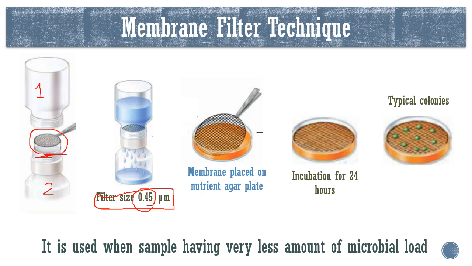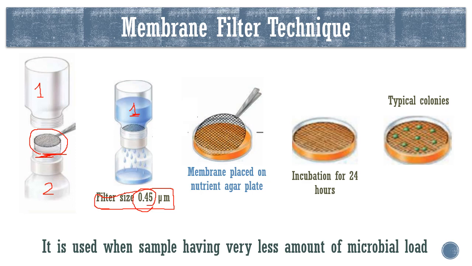It is placed in such a manner that in the upper bottle the sample is placed. The sample which we are going to examine, in which we are going to study how many microorganisms are present, is placed on the upper side.